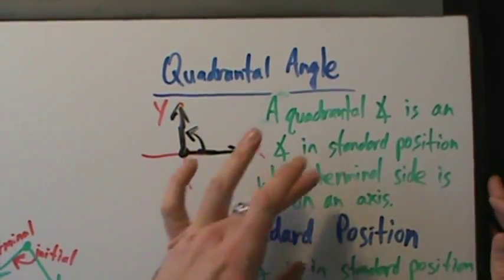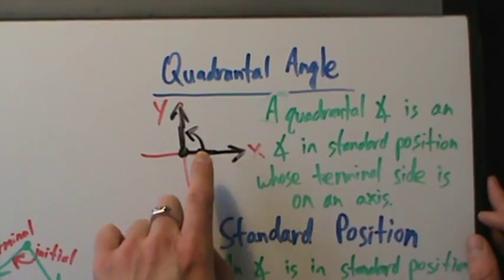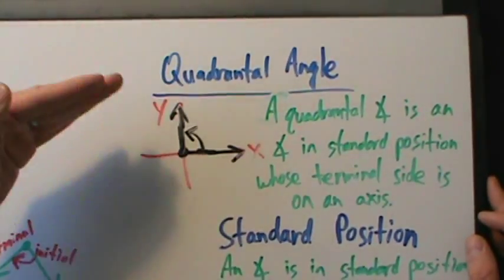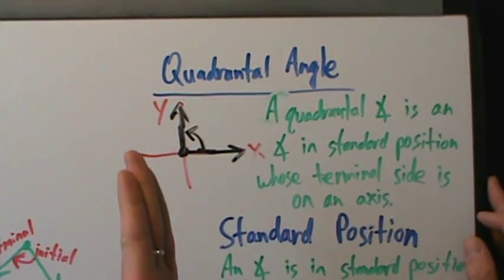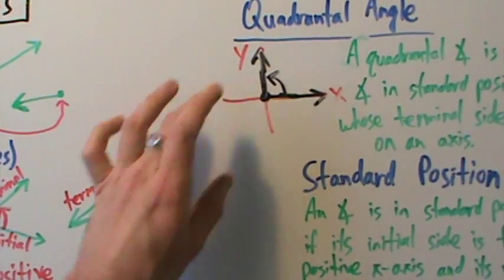Remember, standard position means the vertex is at the origin and the initial side is the positive x-axis. So to be a quadrantal angle, you have to be in standard position and you also have to have a terminal side on the positive y-axis, the negative x-axis, the negative y-axis, or the positive x-axis. So that's a quadrantal angle.